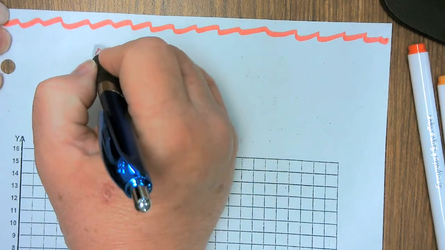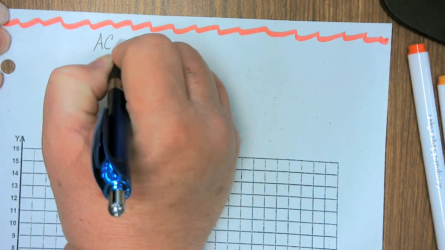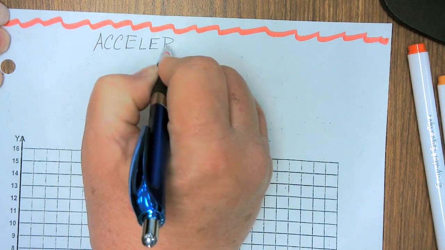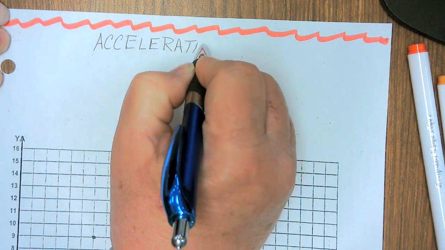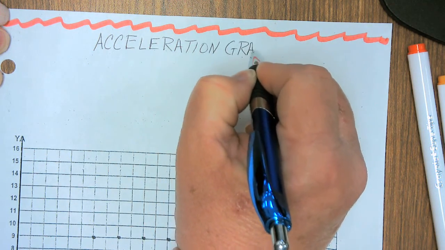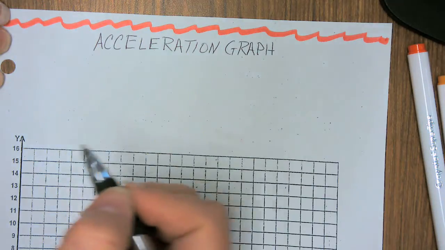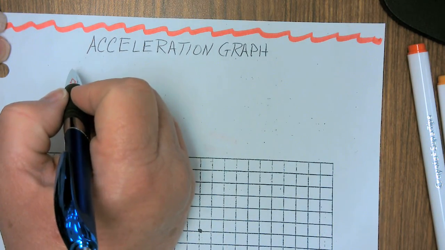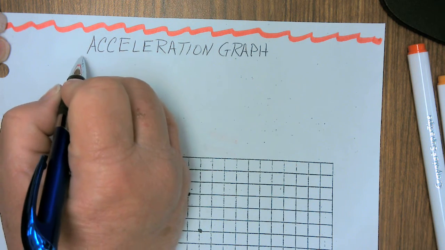This is an acceleration graph, and I'm going to write that in all capital letters. The reason it's called an acceleration graph is because if you had the formula, you could calculate the acceleration.